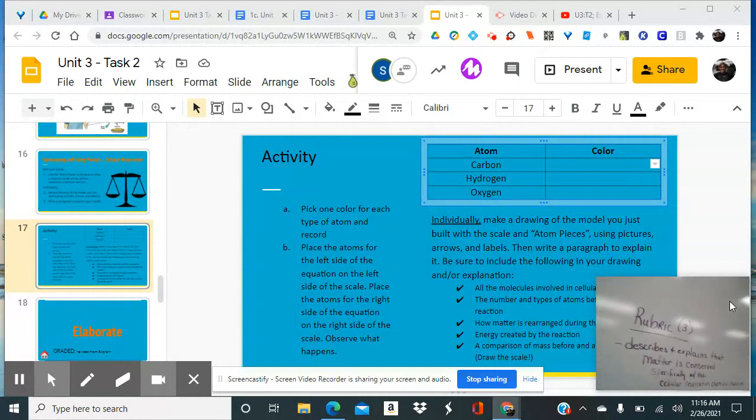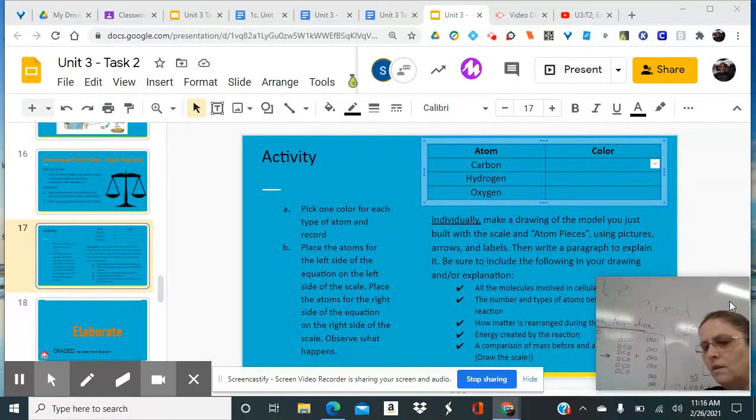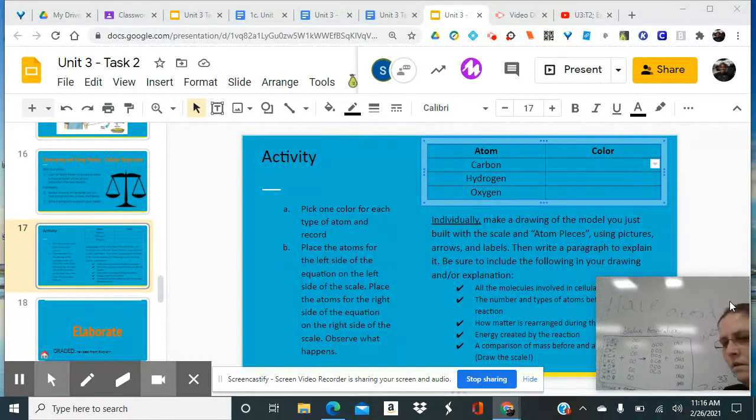Okay? Now, my picture kind of has something like this. I showed that my glucose has C's, H's, and O's, which you're going to have shapes. And then my oxygens, I have all of these O's, 6 types.